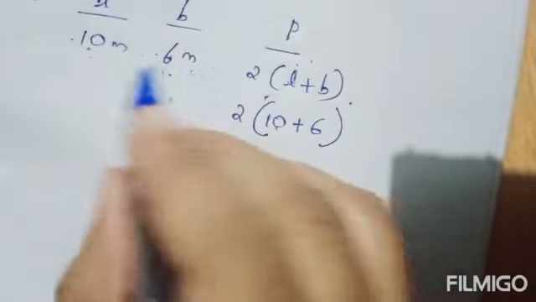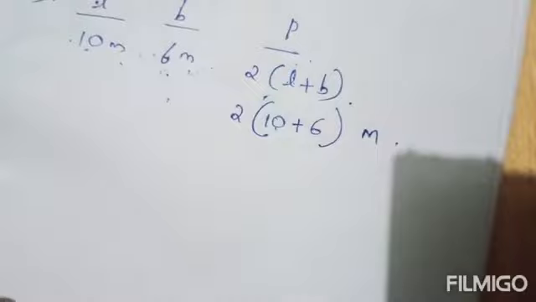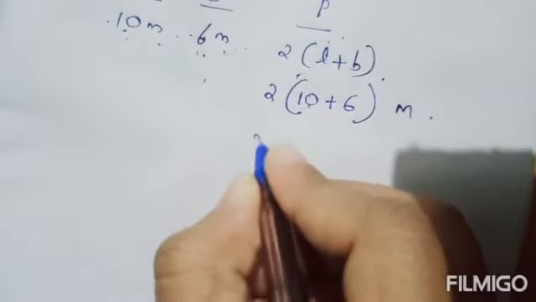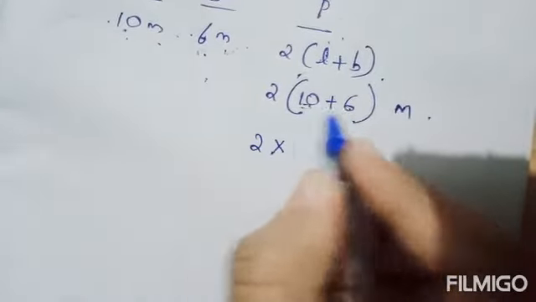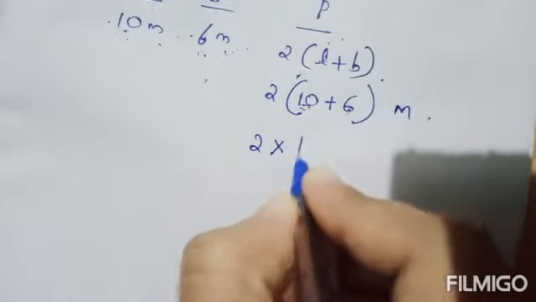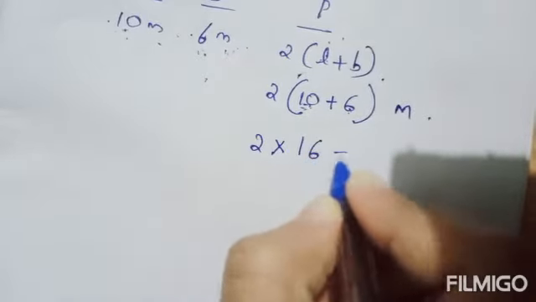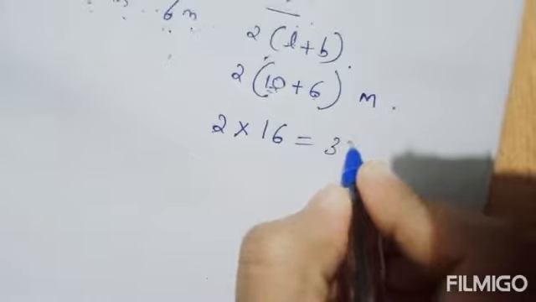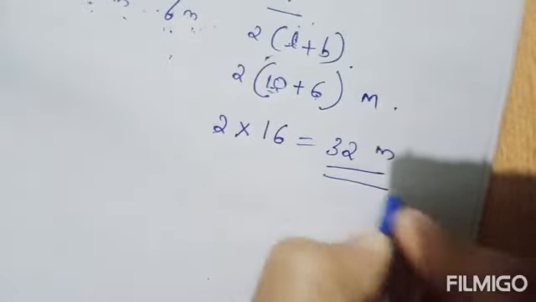Now the unit is meter, so you can write meter. So 2 into, now add these two: 10 plus 6 is 16. So 2 into 16, you will get 32 meter.